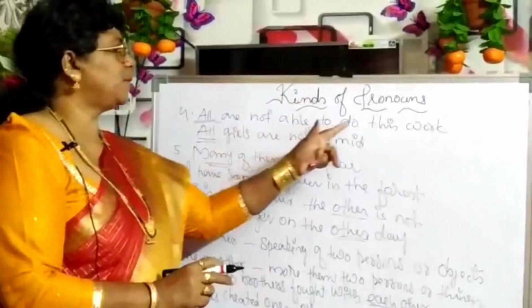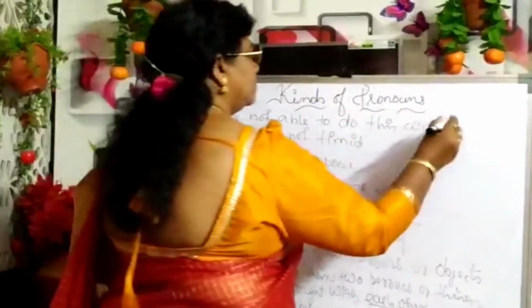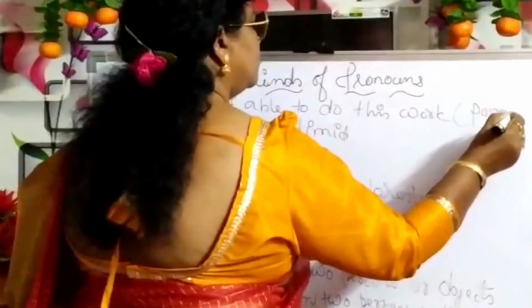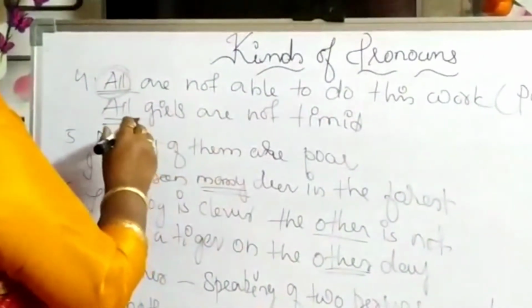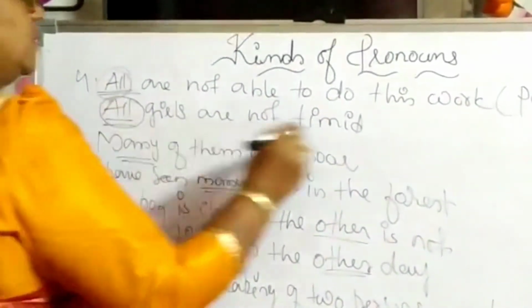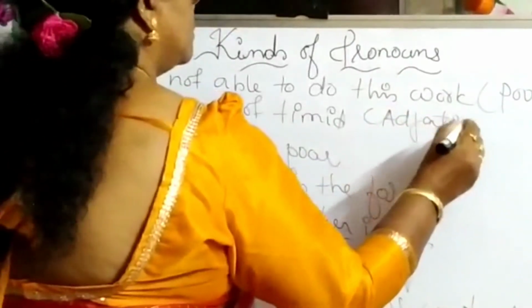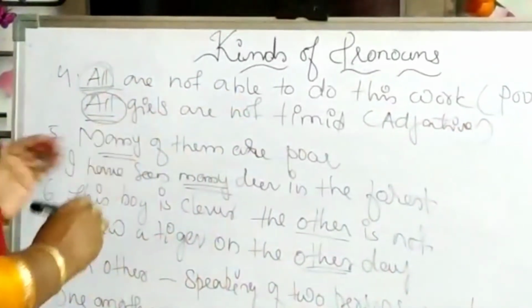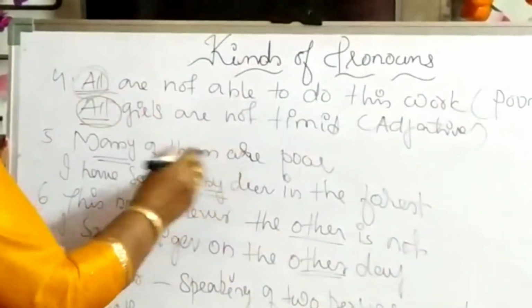All are not able to do this work. Here this "all" is a pronoun. All girls are not timid. Here this "all" is an adjective, because it qualifies the noun girls. Many of them are poor.